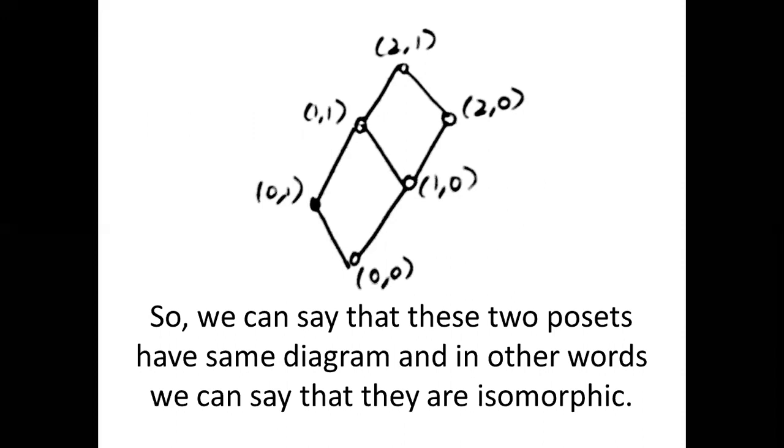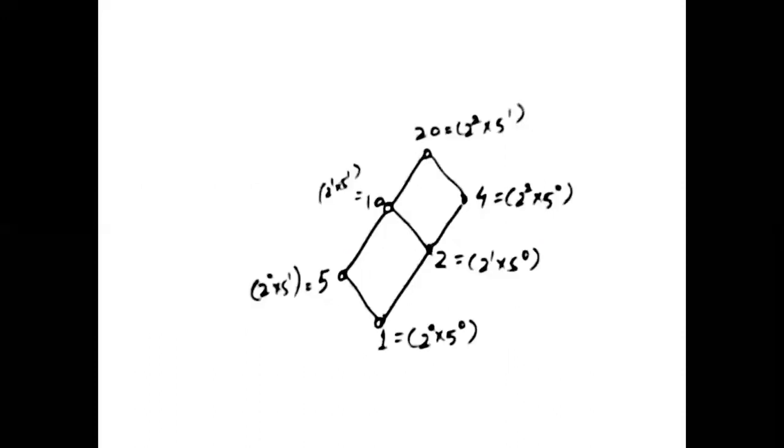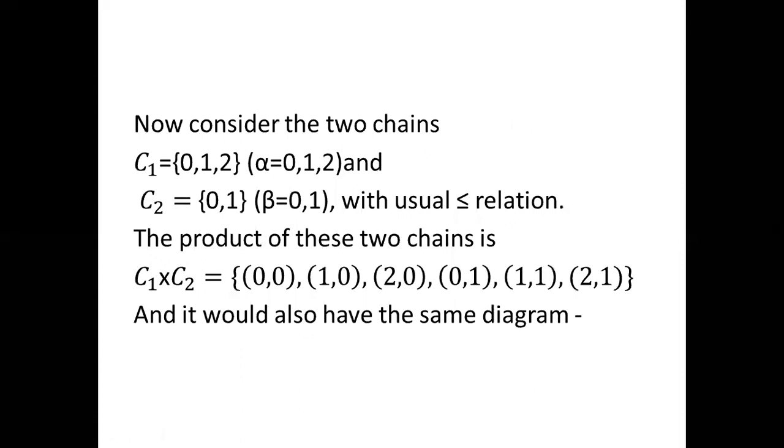You can easily find an order isomorphism between these two, since they have the same diagrams. In that diagram this element is your (0,0), this element is (1,0), this was (2,0), this was (2,1), this is (1,1), and this is (0,1). In this way you can easily find a map between these two posets. So they are order isomorphic and they have the same diagram from the previous theorem.